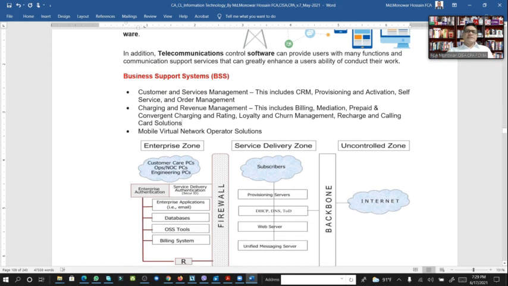Then the business support system, BSS. From here, how does it help customer and service management? This includes CRM, provisioning, activation, self-service, revenue management, and mobile virtual network operation solutions.